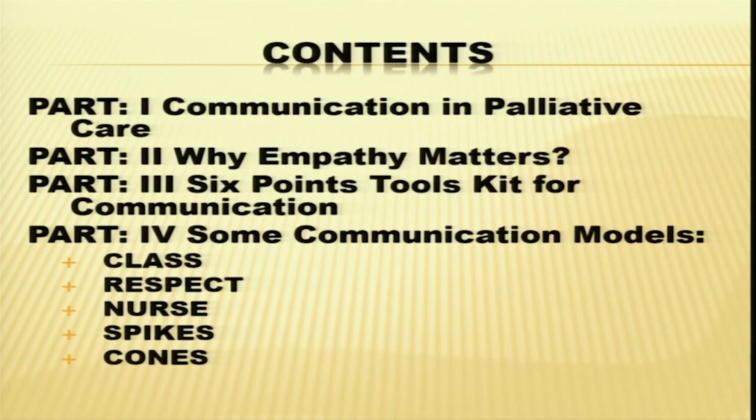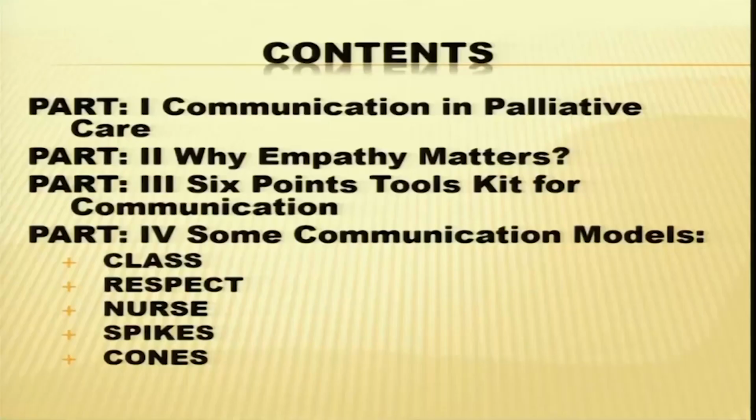Now in this lecture we have got two parts. 6-point toolkit. Toolkit means basically a checklist. There are 6 checklists. If we apply them in our communication between nurse and patient, between doctor and nurse, between patient and doctor, then the communication will become effective.